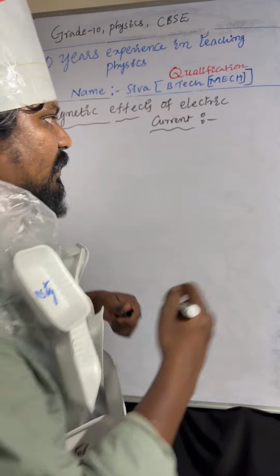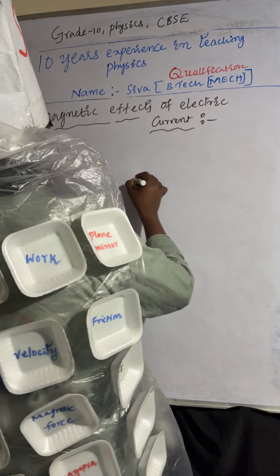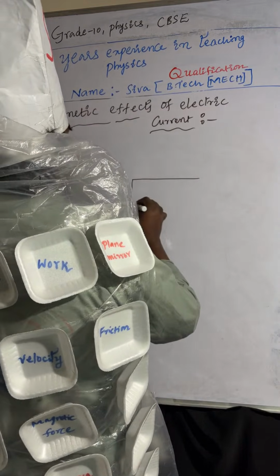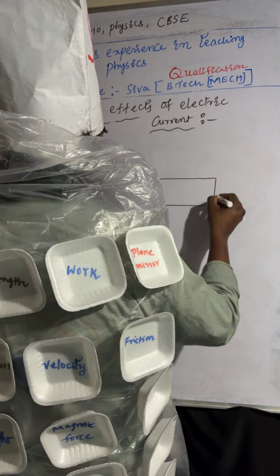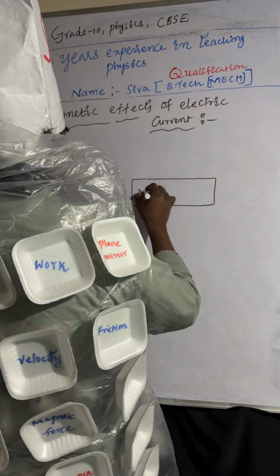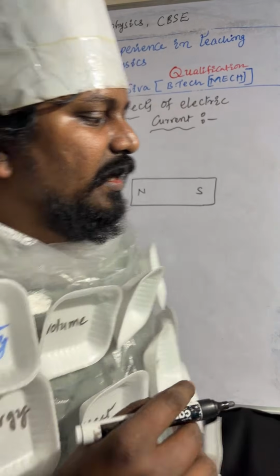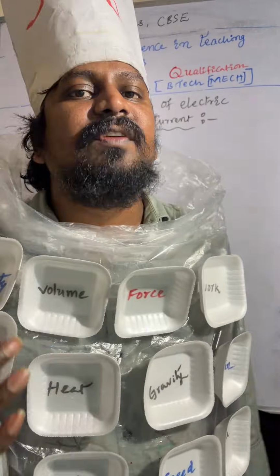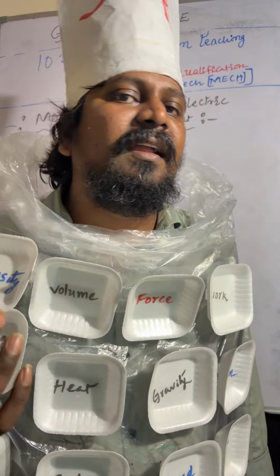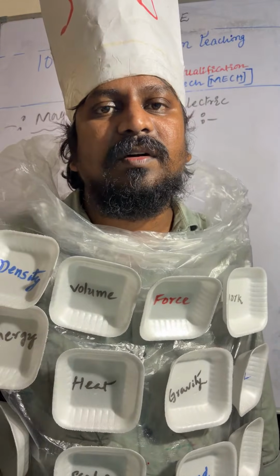You can observe here, I'm taking the bar magnet. This is a bar magnet, this is north and this one is south. The magnetic field outside of the bar magnet is north to south.